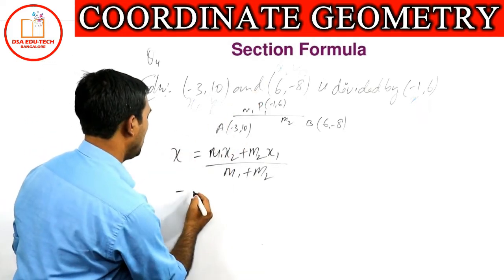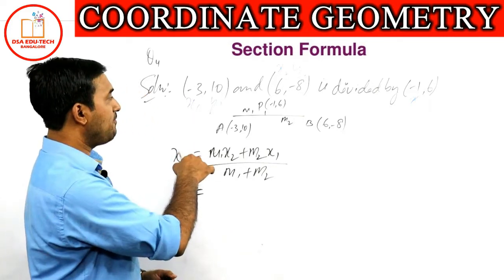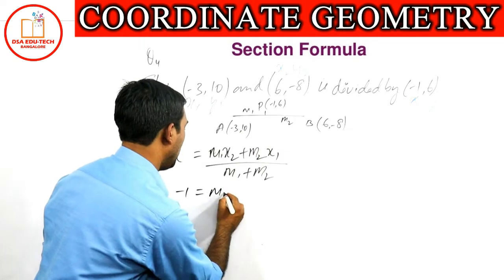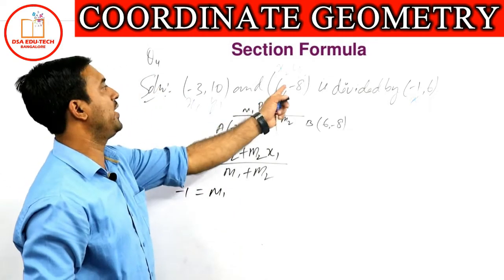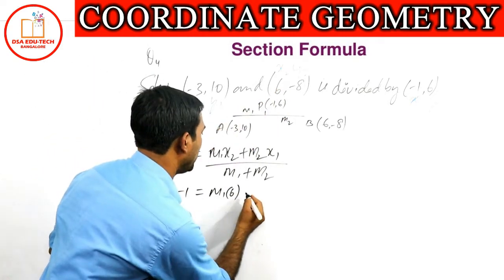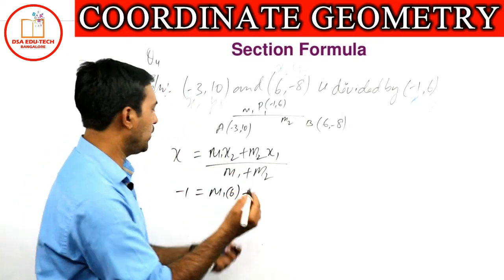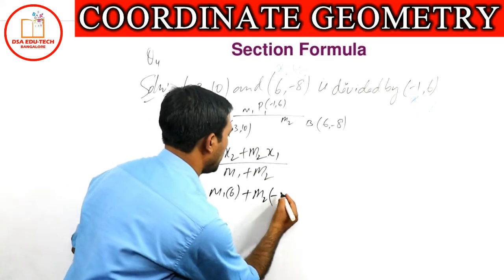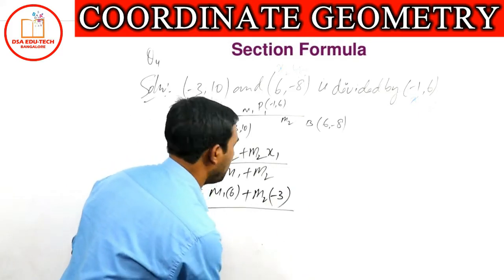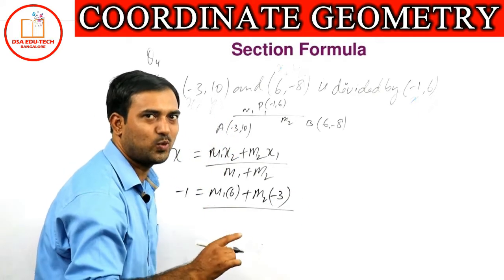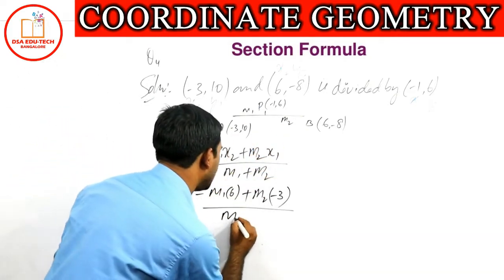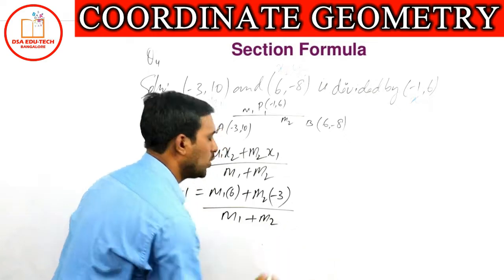So x is minus 1 equal to m1, which we don't know, so I write m1 as it is, times x2, which we know, 6, plus m2, which we don't know, so I wrote m2 as it is, times x1, which is minus 3, divided by m1 plus m2. We don't know m1 and m2, as we are going to find them, so I write m1 plus m2 as it is.